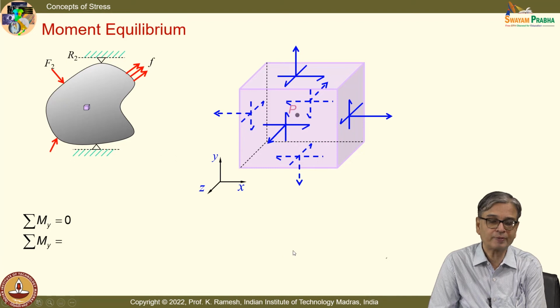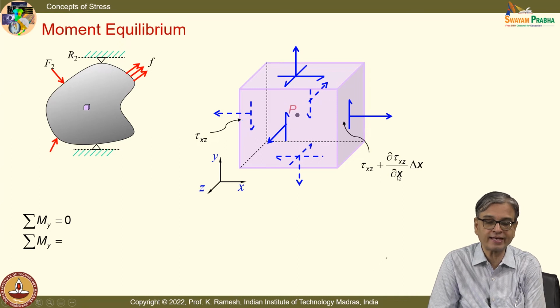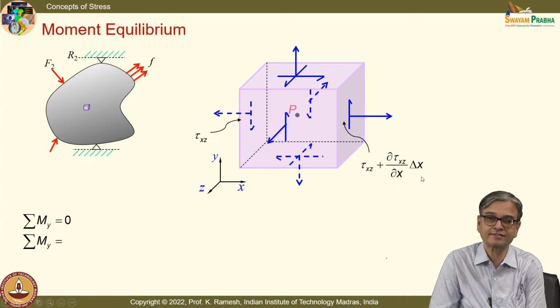So look at the components that are going to cause a moment in the y direction. And you have this as tau xz. I move along the x, so it will be tau xz plus dou tau xz by dou x into delta x.